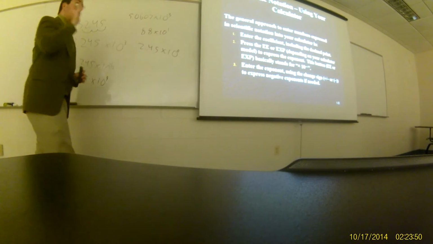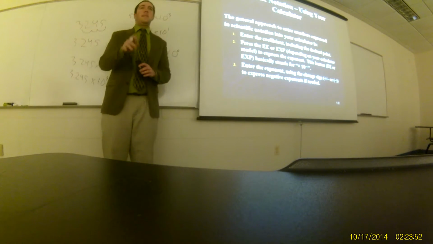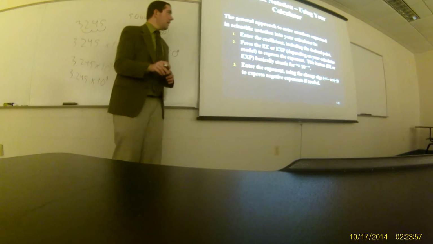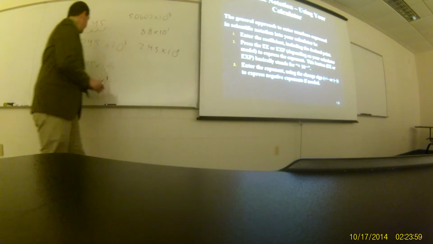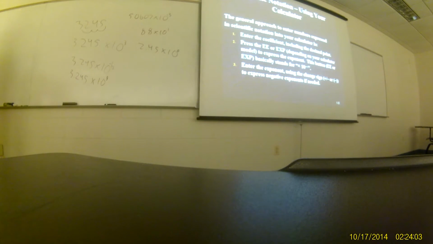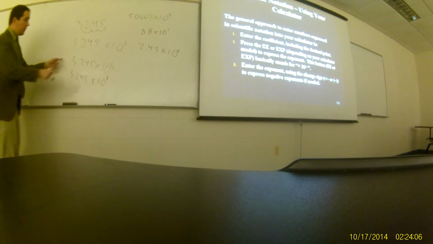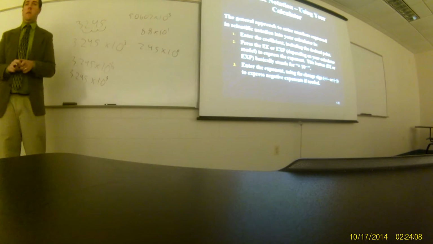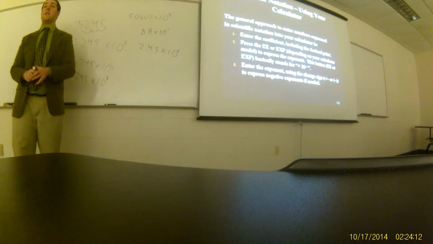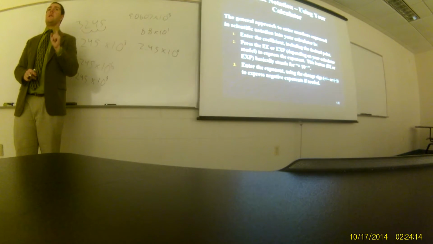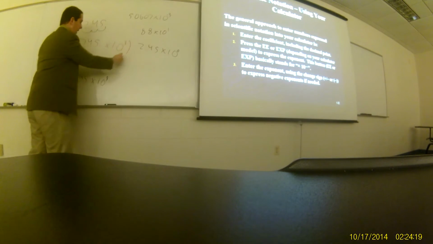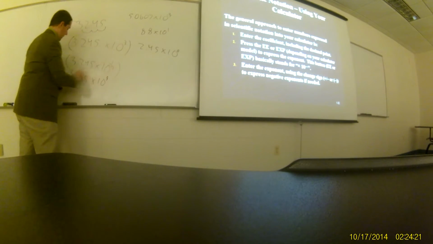So, when you put these numbers in your calculator, it's going to depend on your calculator. For the most part, the simplest, most straightforward way, although not necessarily the best way, is to just put this into your calculator: the number times 10 raised to the power of something. If you do this, I beg you, please put it in parentheses.